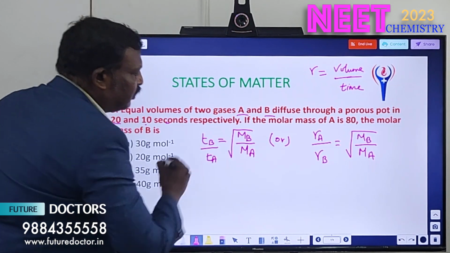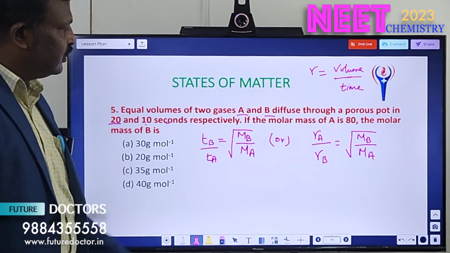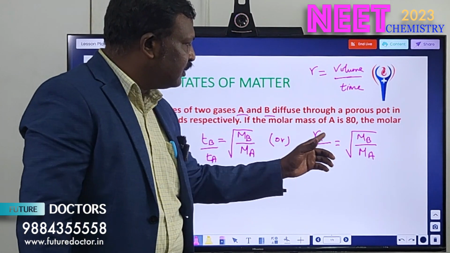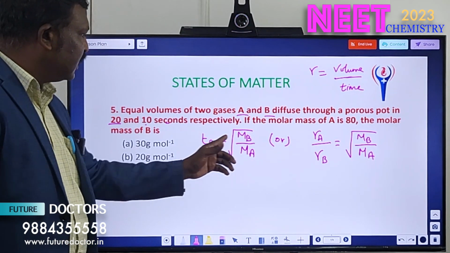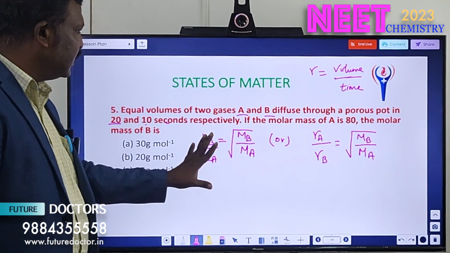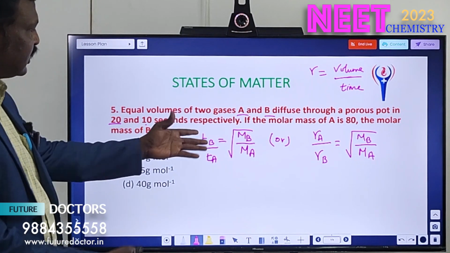These two are directly proportional. When time is given, time and molecular mass are directly proportional. Just remember this, and you can apply it and get the answer.